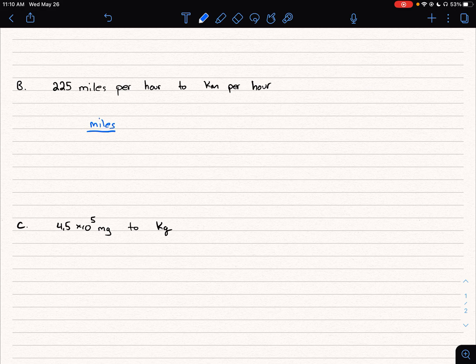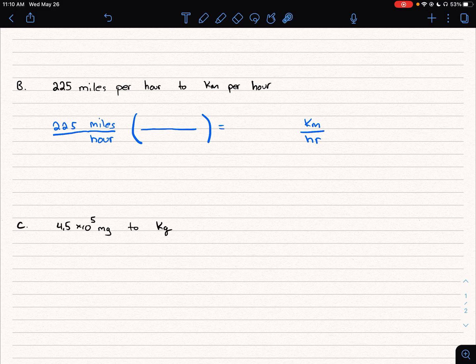So this is really miles divided by hour. And so we're starting with 225 miles per hour. We need to multiply by a conversion factor so that our final units are kilometers per hour.